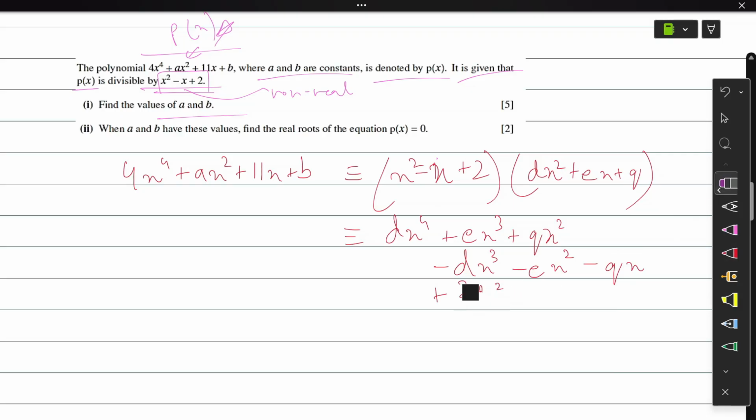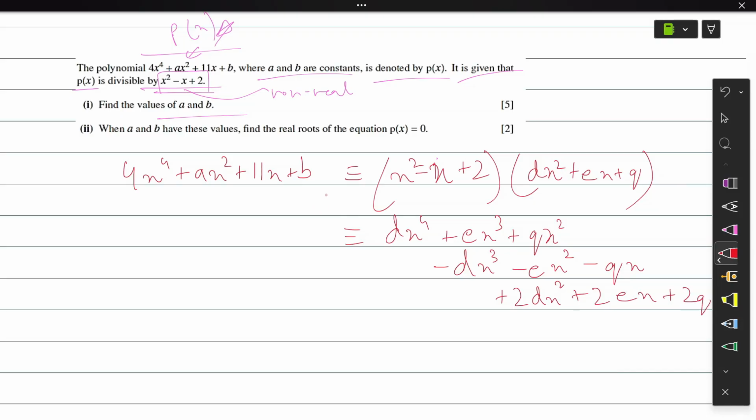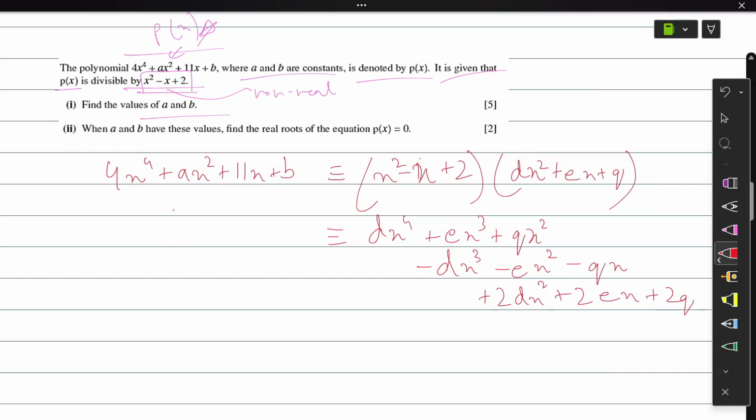Oh, actually, wait. I do want to write it here. Plus 2dx squared. Why? Because I want the x squared coefficient in one line. That's why I've been doing this staircase kind of arrangement. So plus 2ex plus 2q. Is that correct? I sure hope so. I did that a little fast.